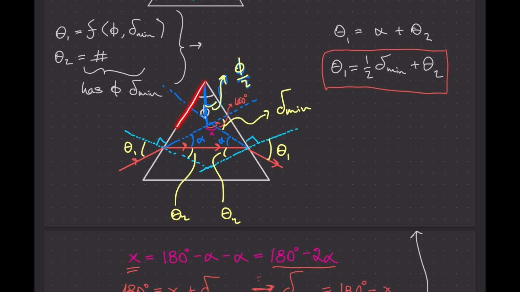Again, I'm looking at this over here. So maybe I could look at this big triangle here. Why am I doing that? Well, if I know this angle here is phi over 2, then I could maybe plug that into here, because, take a look at this.